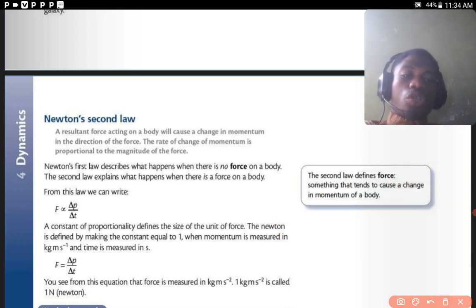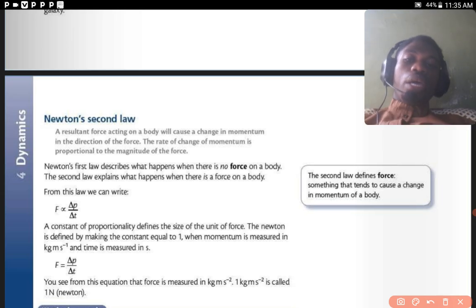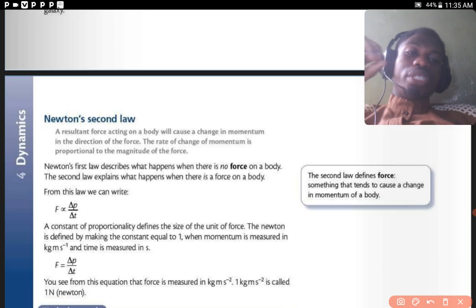According to Newton's second law of motion, this law explains what happens when a force is acting on a body. Law 1 is the law of inertia: when there is no force on the body, we are talking about the law of inertia. But in law 2, there is a force.